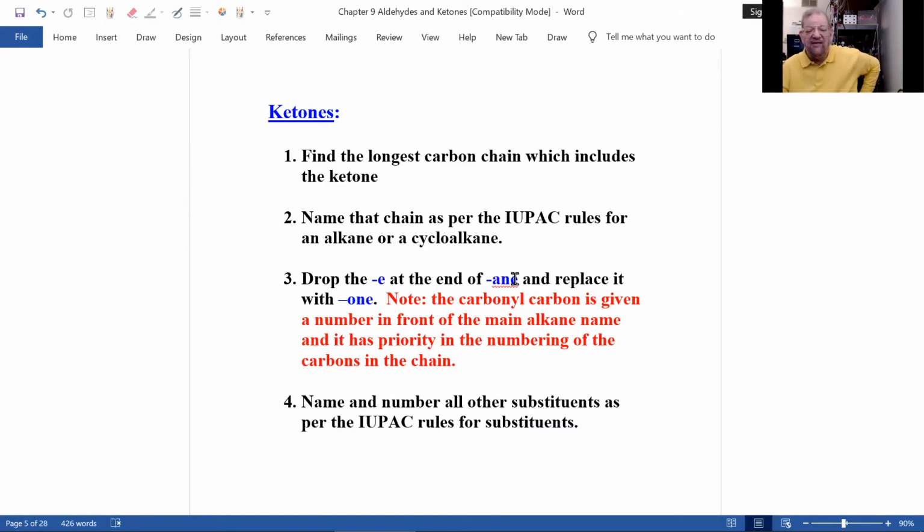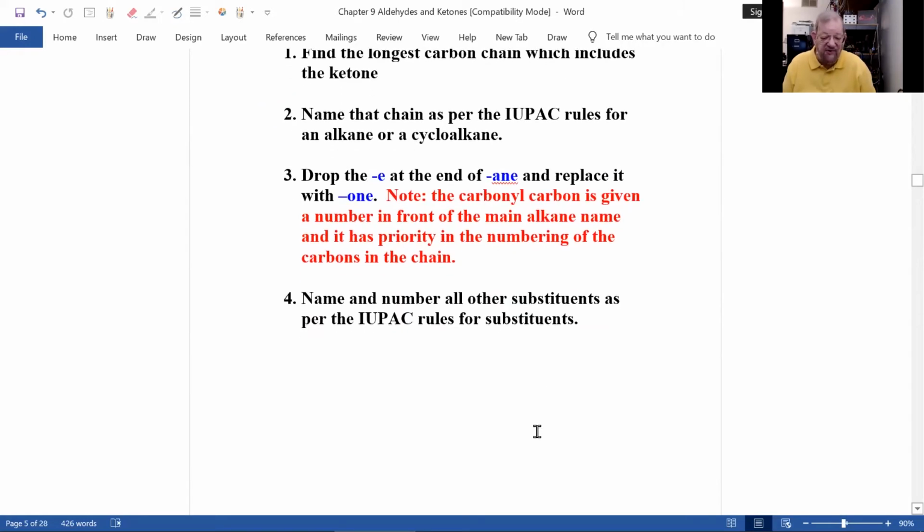And then the carbonyl carbon in an alkane chain is always given a number, and it's the lowest number, since it's the highest priority carbon. And if it's in a ring, the carbonyl carbon is always number one. And the rest of the substituents follow the same rules you've already learned.